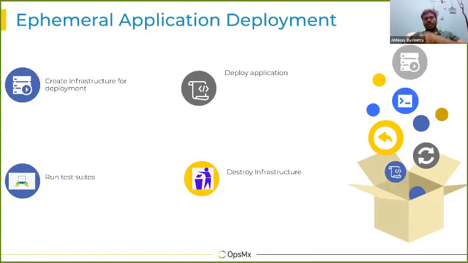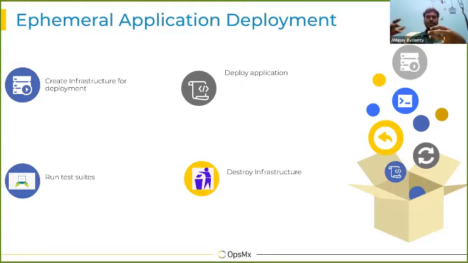And today I'm here to talk about an interesting topic called ephemeral application deployment process. You must have heard about immutable infrastructure, ephemeral infrastructure, and all that. So I wanted to talk more about what ephemeral application deployment means.